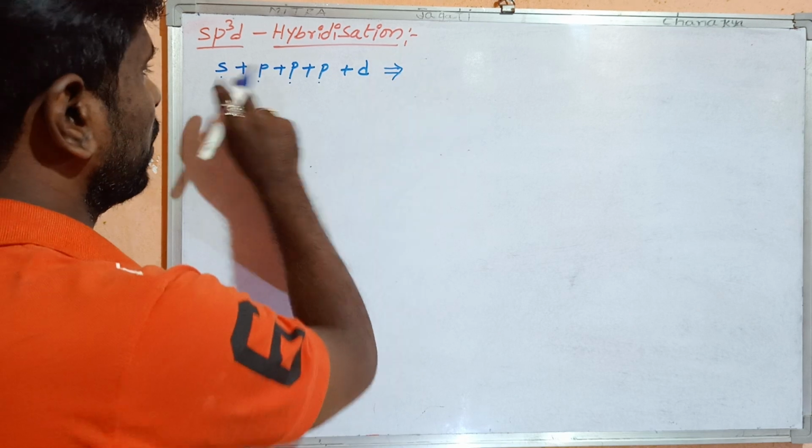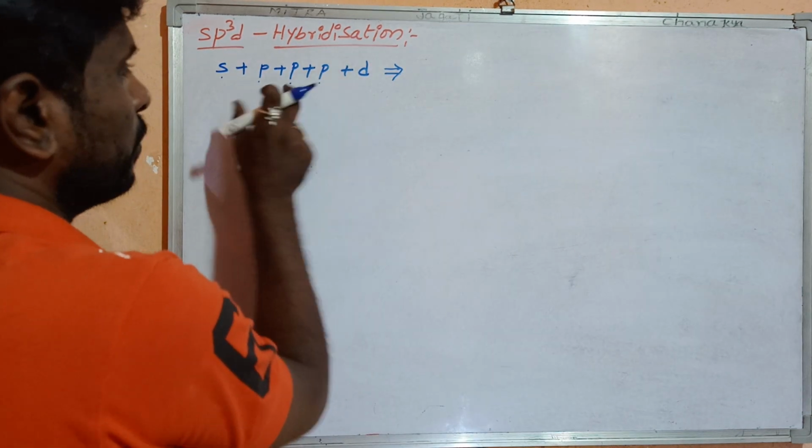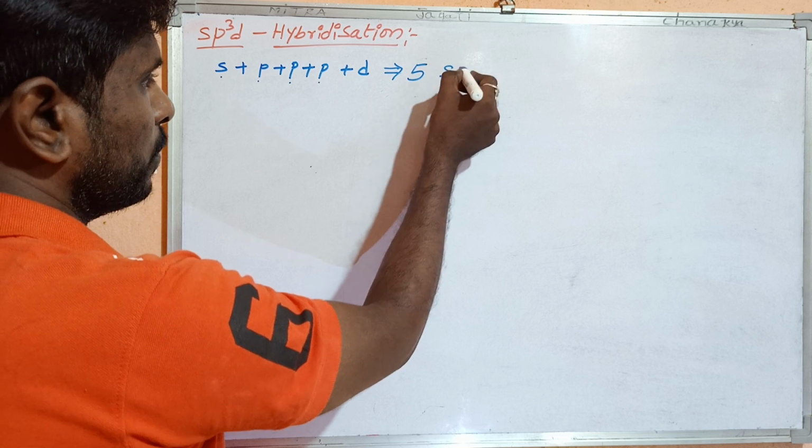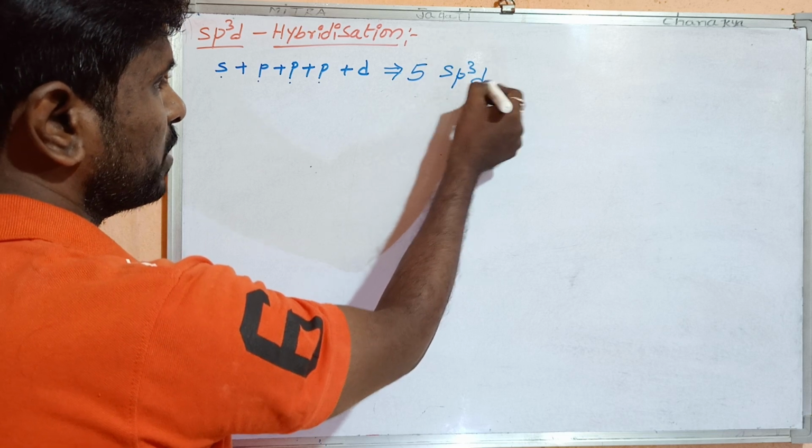How many? The same number as the atomic orbitals, 5. So 5 sp3d hybridized orbitals are formed.